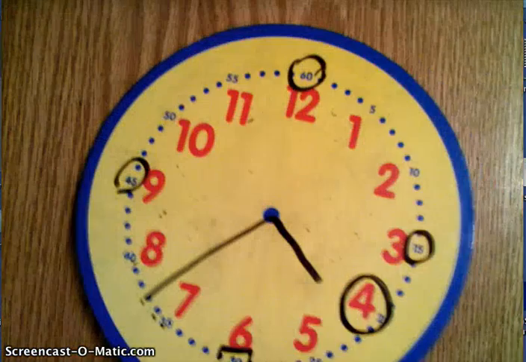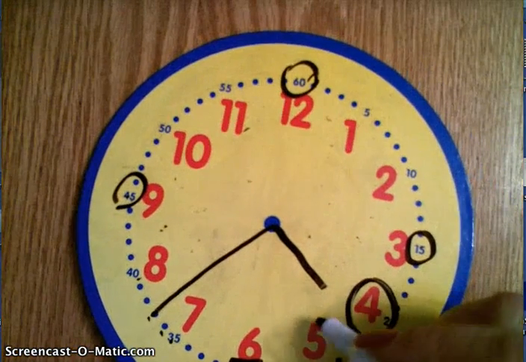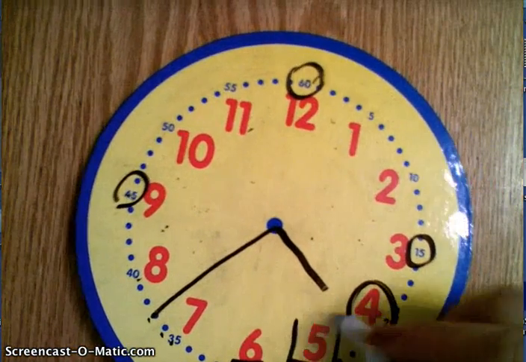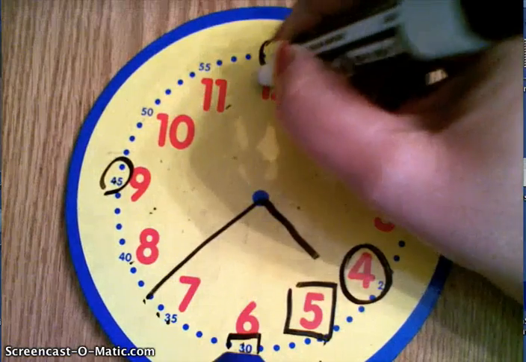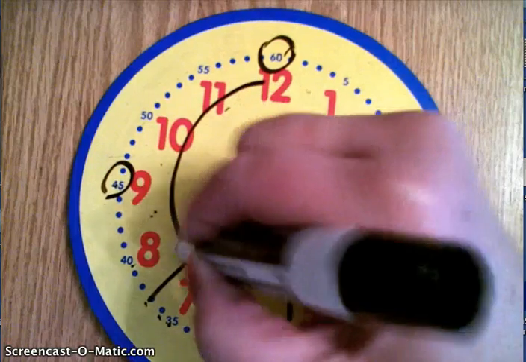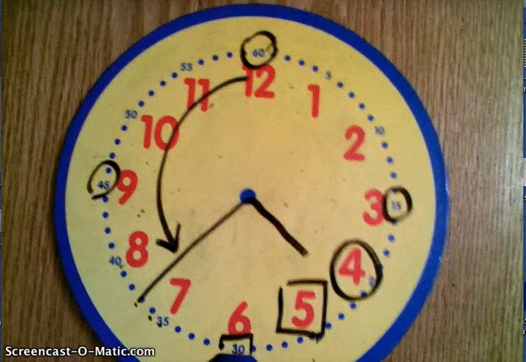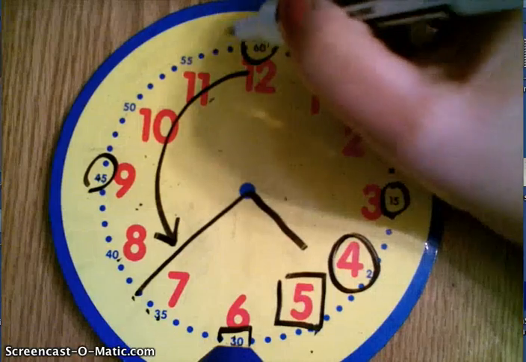And 4:37 is moving on to 5 o'clock. We can count the minutes before the hour to figure out another way of saying 4:37.